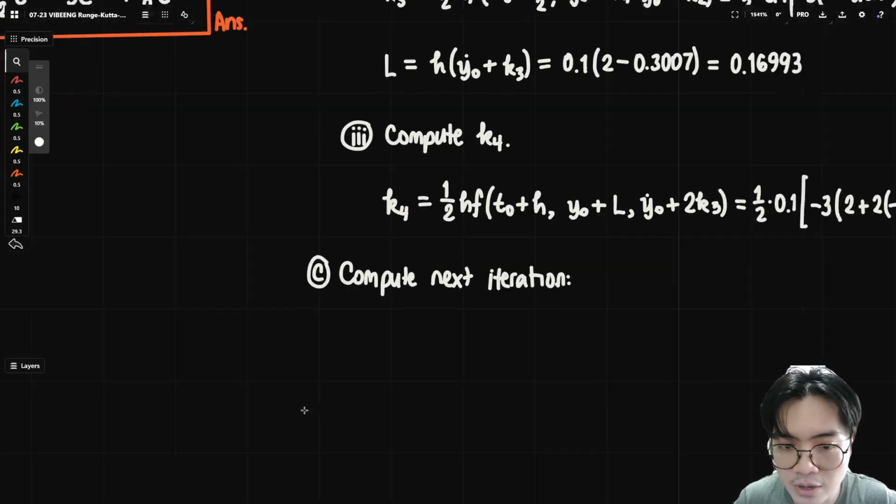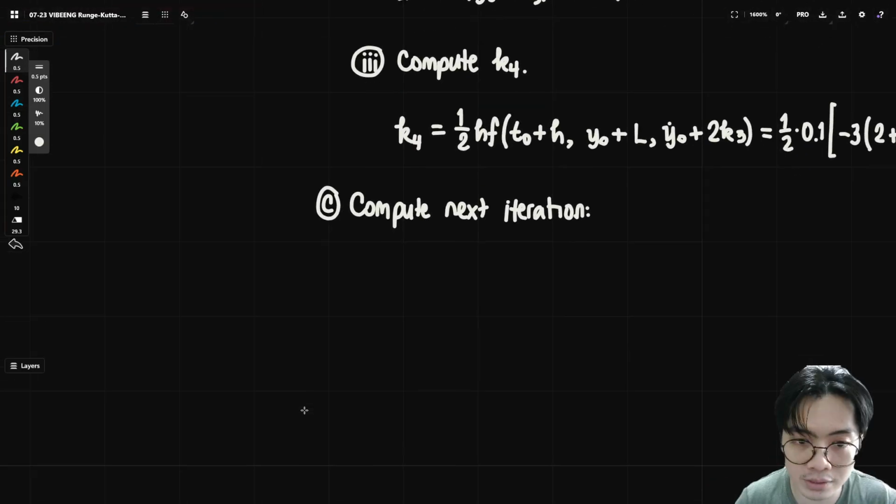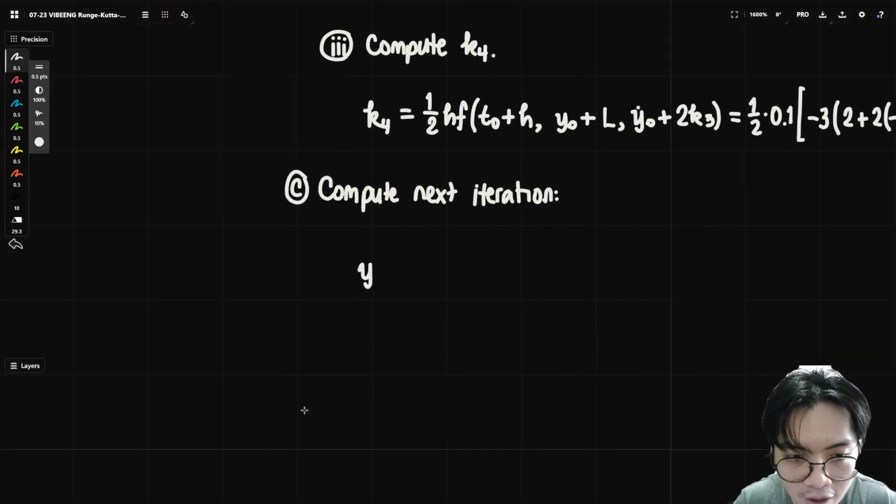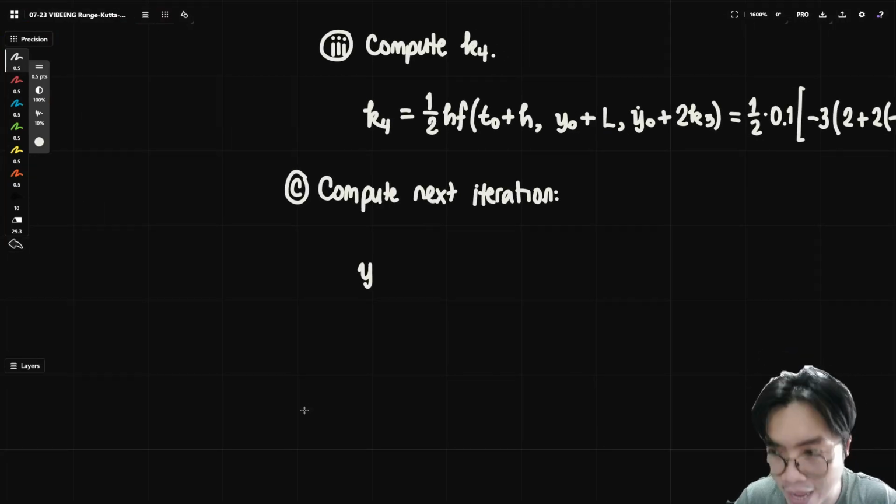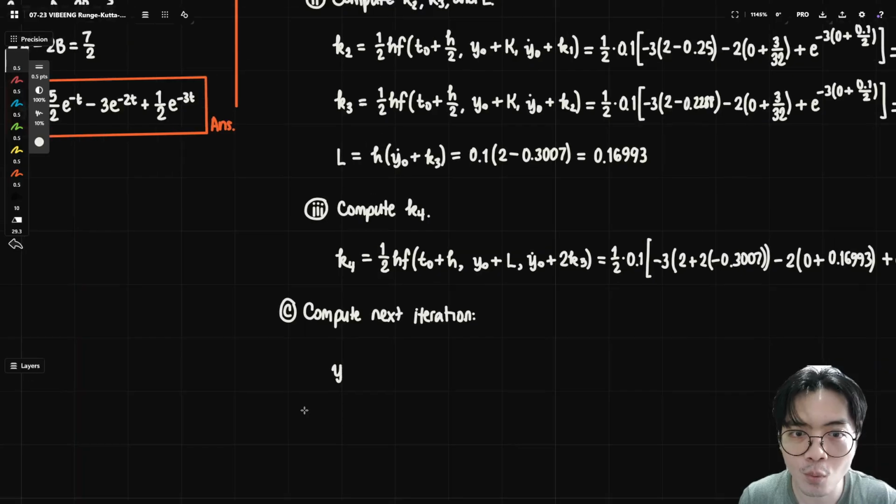Right? Our next iteration will have two components. We have our new value of y and our new value of y dot.